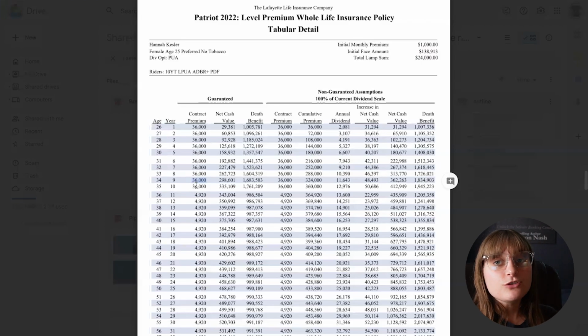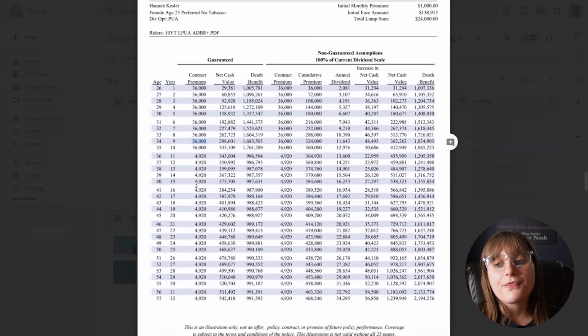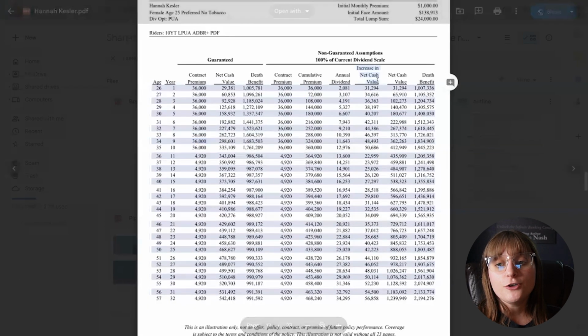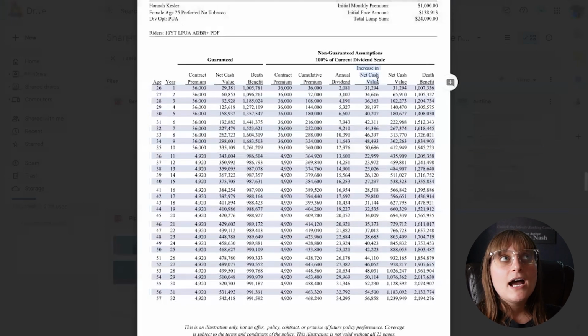Now, what's really cool about this company and this illustration design, I love this column that they put in here called the increase in net cash value. And I like that just because I don't have to do any additional math on this. So you can see literally in year 3, we are already breaking even in that policy.